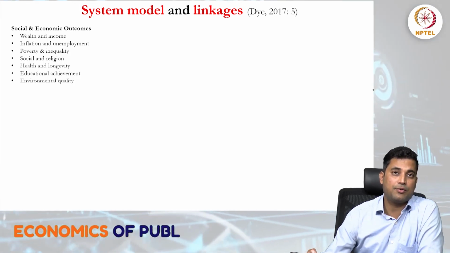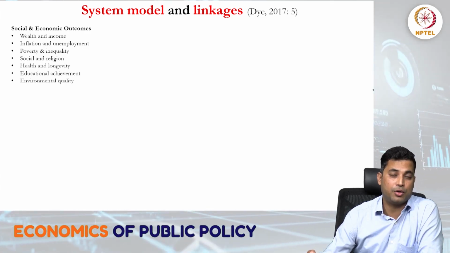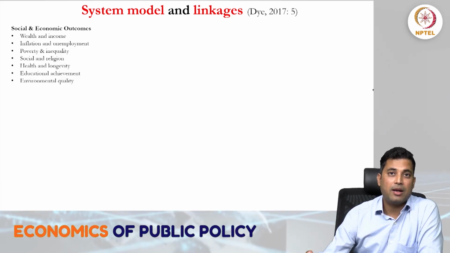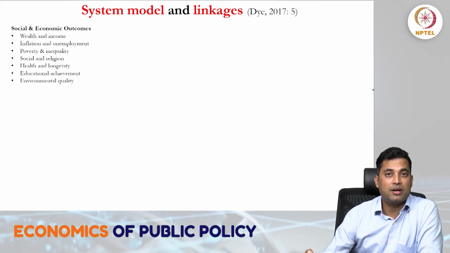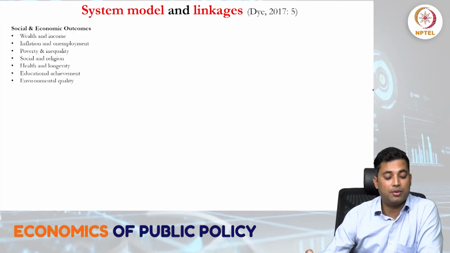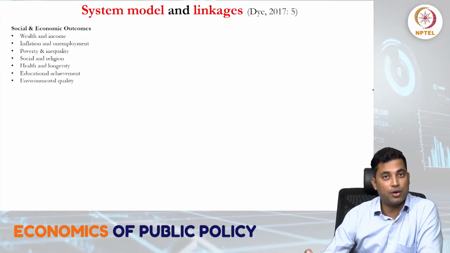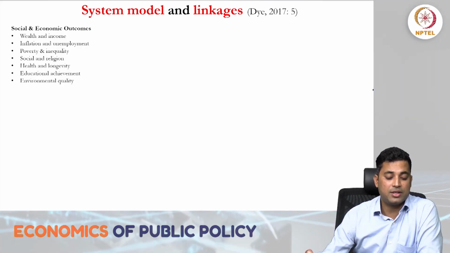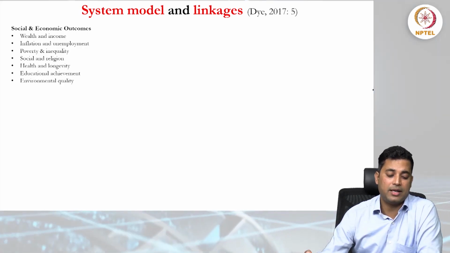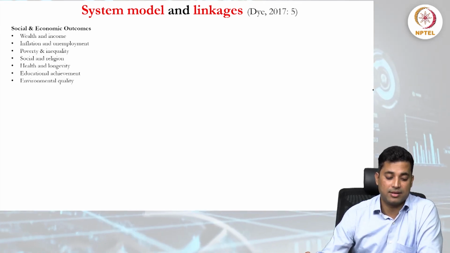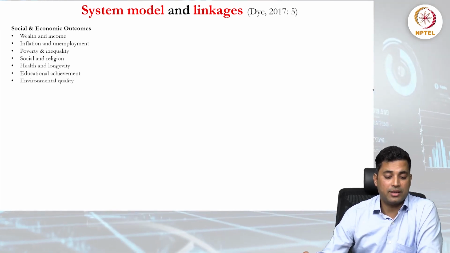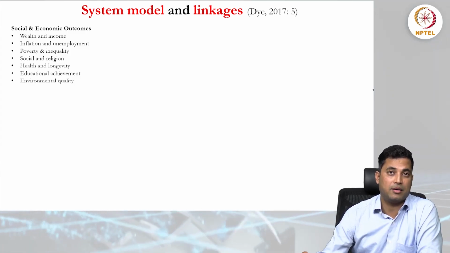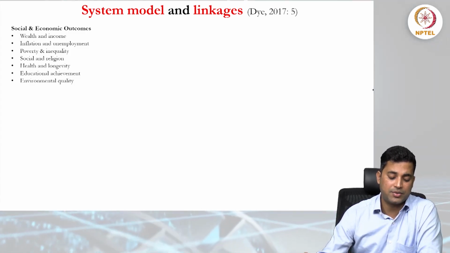For instance, for better economic outcome or growth, we need to also focus on wealth and income. And the major economic concerns for any government or nation or country are basically inflation and unemployment, poverty and inequality. These are the major concerns, and the social realities, and of course economic realities as well, because they have an impact on the economic outcomes.